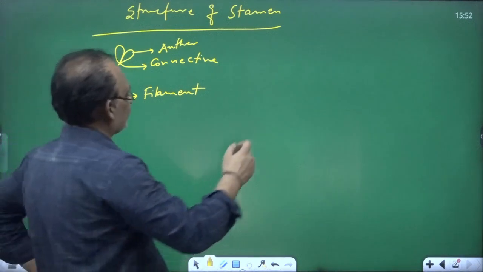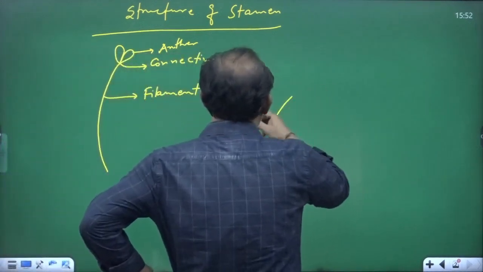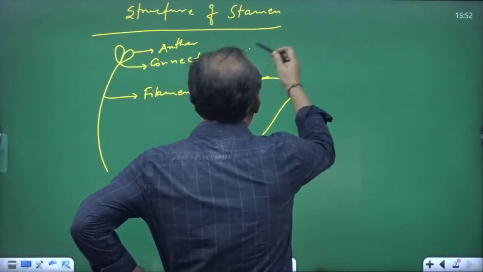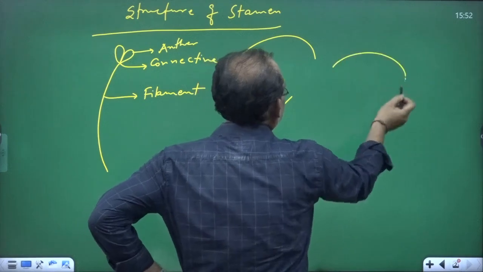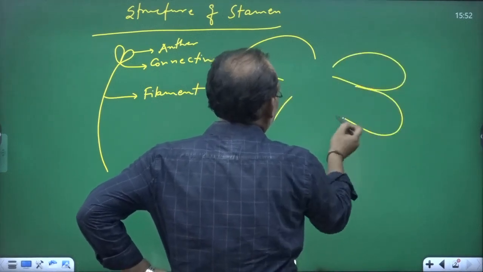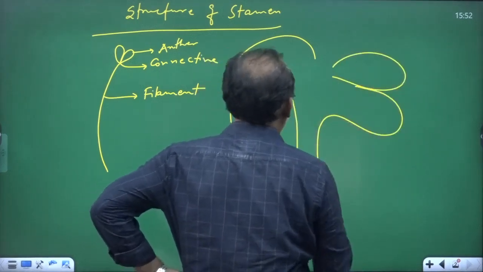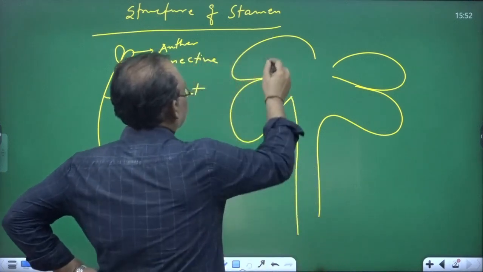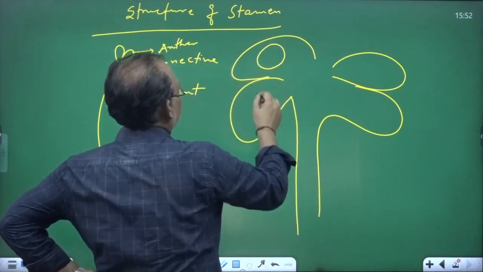If you take a cross section of the anther, you will find pollen sacs.